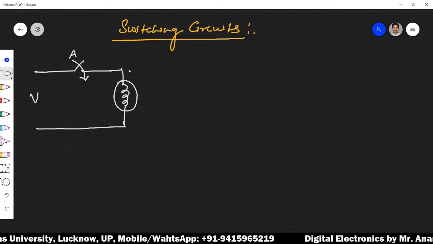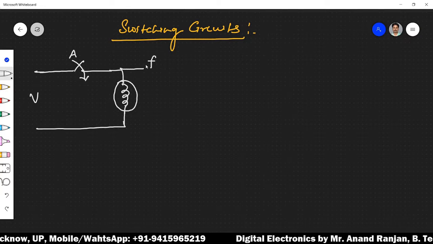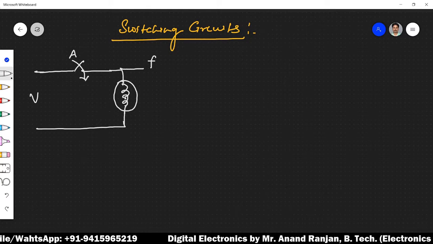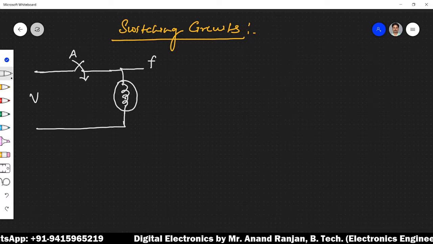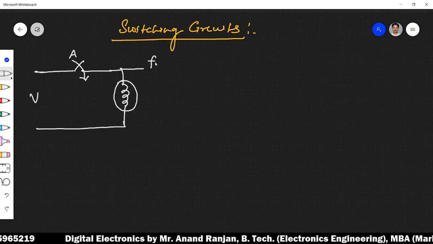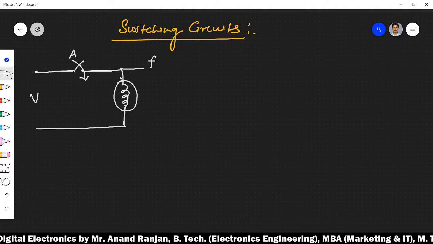Here we take the function f, which indicates the glow of this bulb. If it glows, then this function represents 1, and if it does not glow, then it is represented as 0.